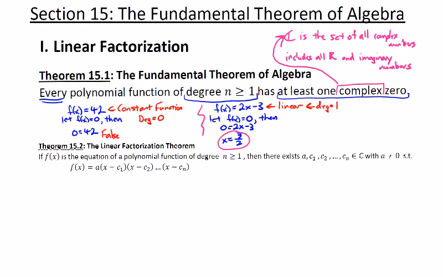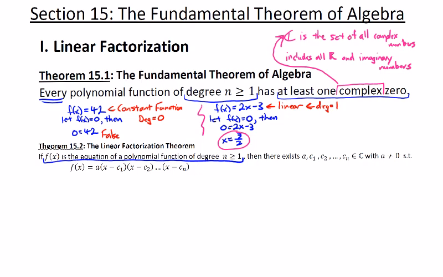And the next theorem, which might be the one that's most beneficial for us, which is why I've named part 1 of this section 15 the linear factorization. The linear factorization theorem says that if f of x is the equation of a polynomial function of degree n greater than or equal to 1. The reason why this theorem starts with that statement is because then any of the consequences from the fundamental theorem of algebra would also apply.